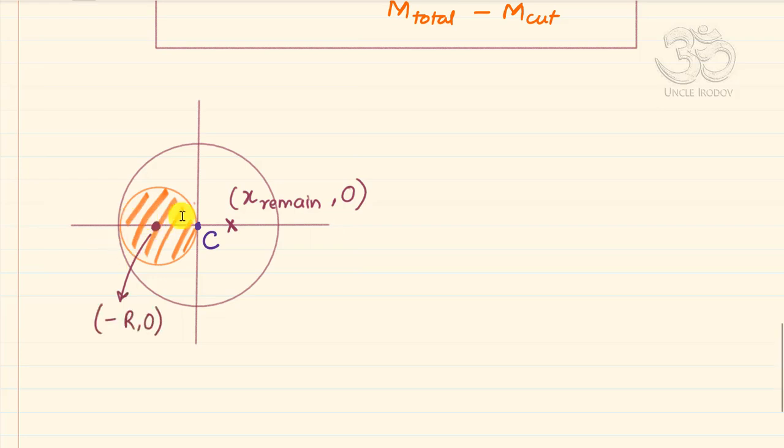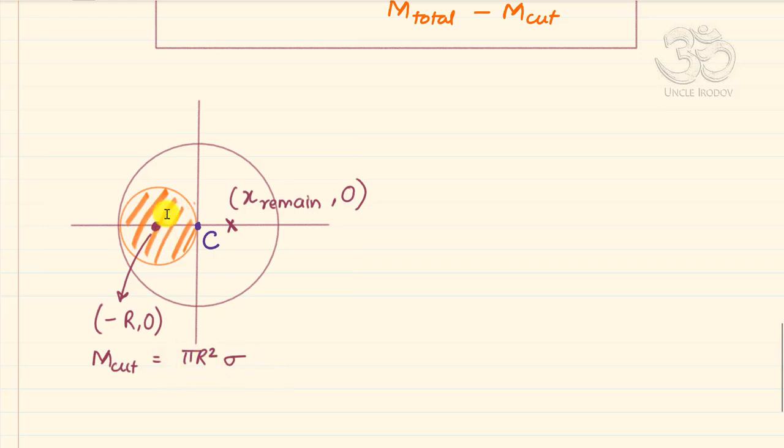And how much is the mass of the cut portion? The mass of cut portion is going to be pi r square times sigma, where sigma is the surface mass density. So this is mass per unit area for this entire plate, and because the plate is uniform I can use this variable here. So mass per unit area multiplied by the desired area will give me the desired mass.